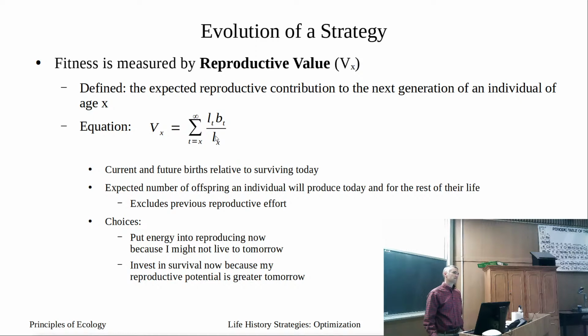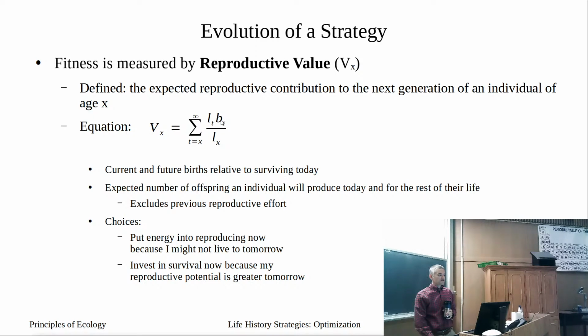What is L sub x? Survivorship. L sub x is survivorship. And this is V sub x, that's L sub x. So it's survivorship today. So it's survivorship at this time point.